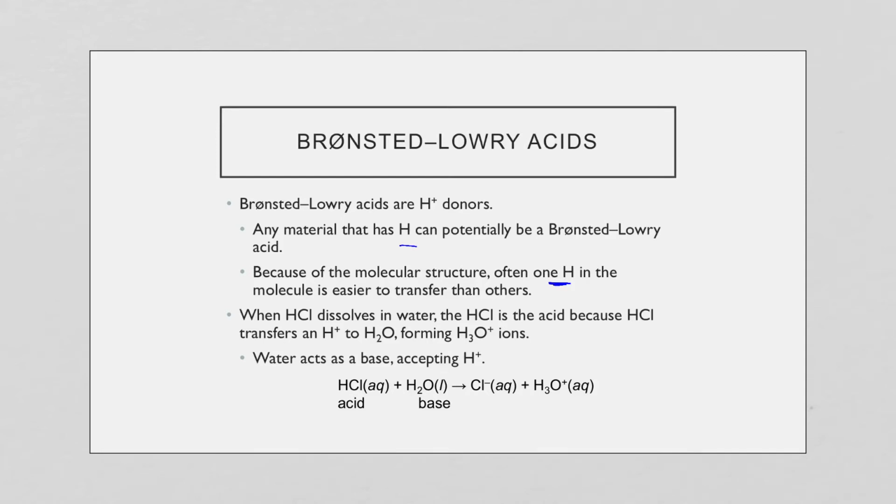So let's look at a typical acid and how we might look at it in terms of the Bronsted-Lowry definition. HCl, clearly an acid, should function as a proton donor. So if it loses an H+, what's going to be left is the chloride ion.